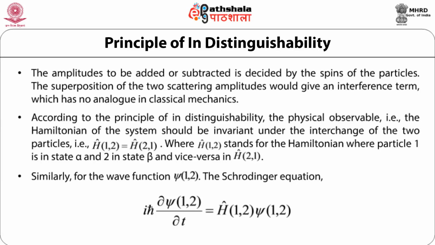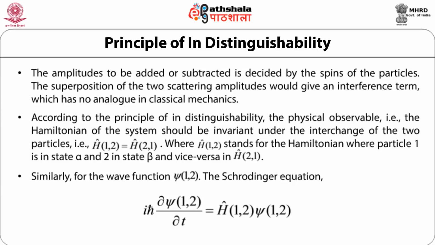Mathematically, we can express this as Hamiltonian operator H of particle 1 and 2 is equal to Hamiltonian operator H of particle 2 and 1, where H of particle 1 and 2 stands for the Hamiltonian where particle 1 is in state alpha and particle 2 is in state beta.